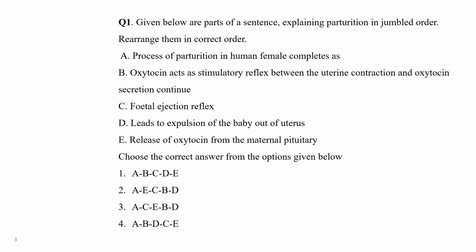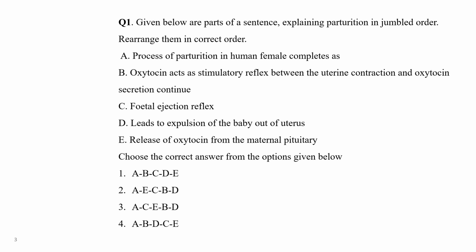Question number 1. Given below are parts of a sentence explaining parturition in jumbled order, and we have to rearrange them in the correct order. They have given different sentences in 5 different parts.